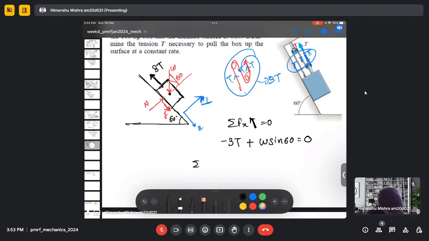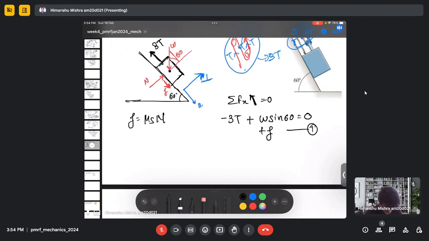Oh, there is a friction force also, plus F. And friction force is mu s N. So we need to find the normal reaction first. And the normal reaction can be balanced by the weight if we do the force balance in the vertical direction.